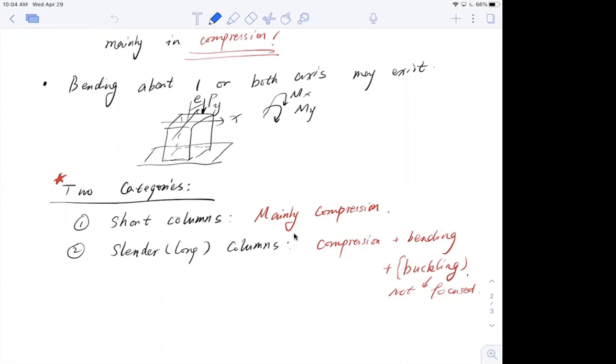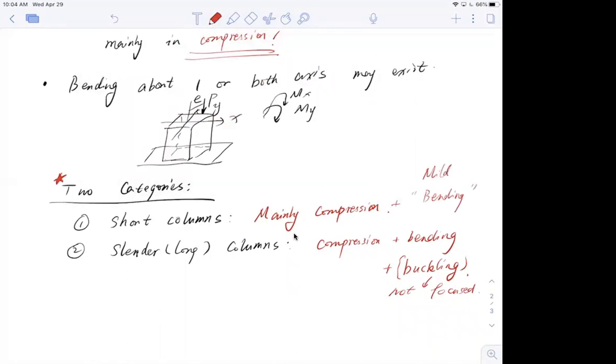Now it may be a little bit misleading, but we do also have bending in the first category. I wouldn't say insignificant bending, I would say mild bending, right? So just put it here, mild bending.